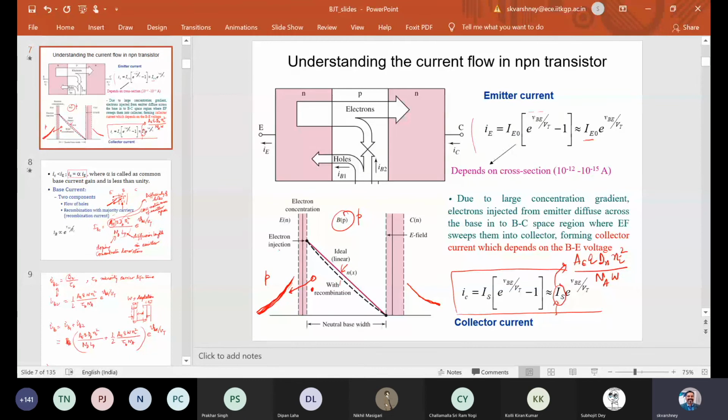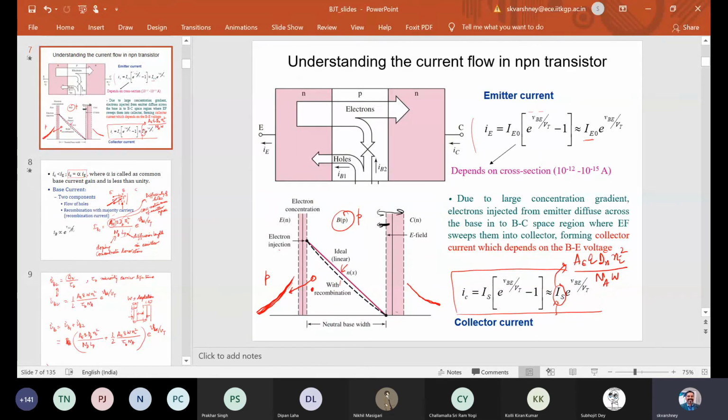So what you see here, when we apply a voltage, this region, the collector to base, is connected in reverse bias. It has a neutral base width, but as we change the voltage, this region width is changing. Sometimes we call this base width modulation, because as the voltage changes, this region is slightly increasing.